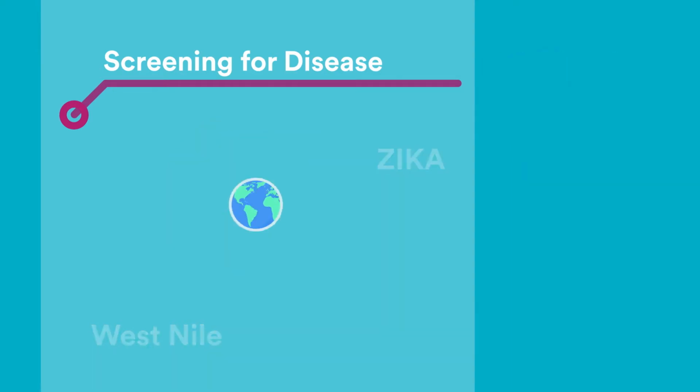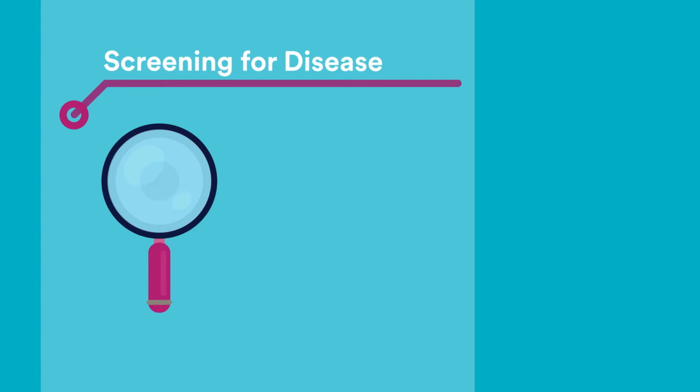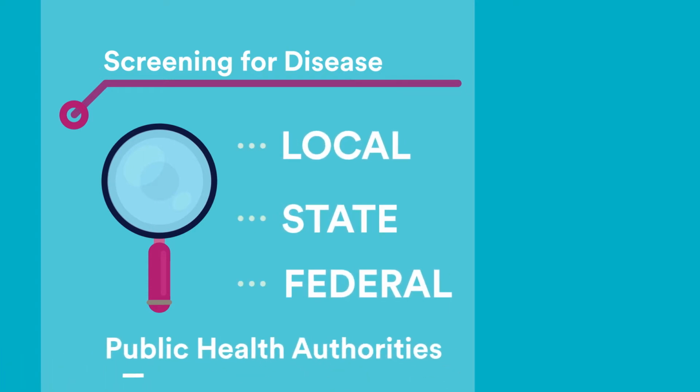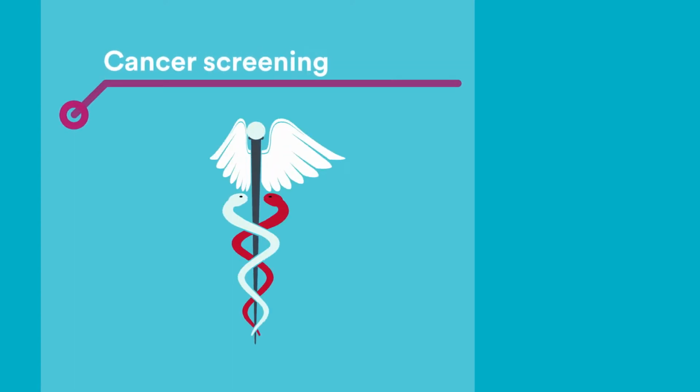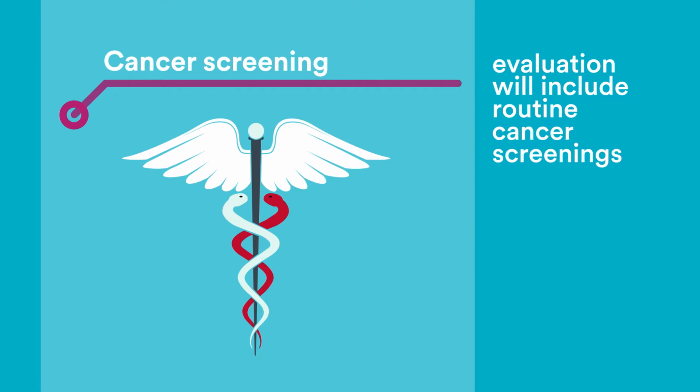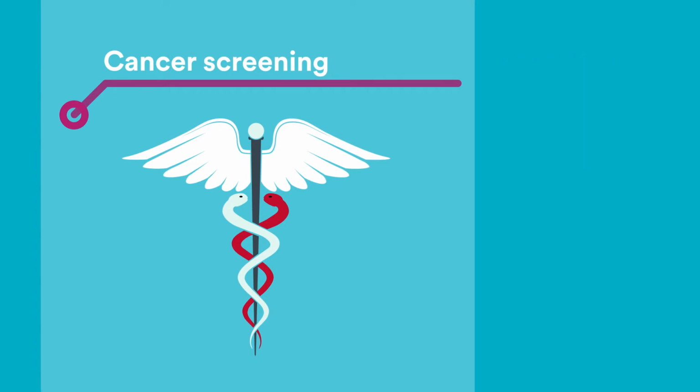In some cases, certain diseases detected by the transplant hospital may require disclosure to local, state, and federal public health authorities. Cancer screening. The evaluation will also include routine cancer screenings. Commonly screened cancers include cervical cancer, breast cancer, prostate cancer, colon cancer, and lung cancer.